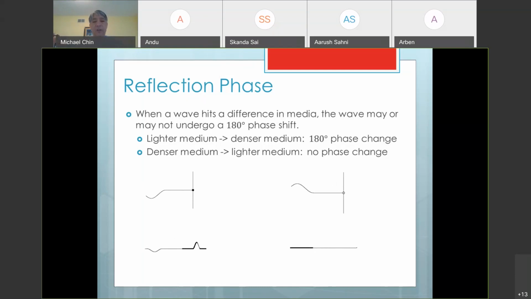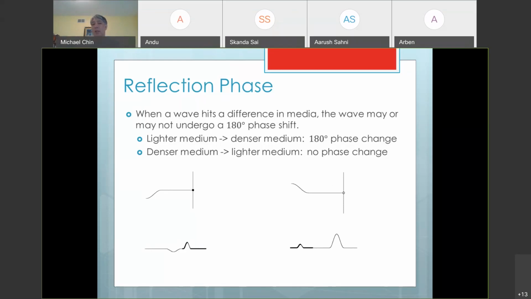On the other side, the right-hand side, is what happens when I'm going from a denser medium to a lighter medium. In the upper case, there is no connection. It's basically free to move. So again, the wave comes in and it hits the end, but now there's no wall to pull down on it.